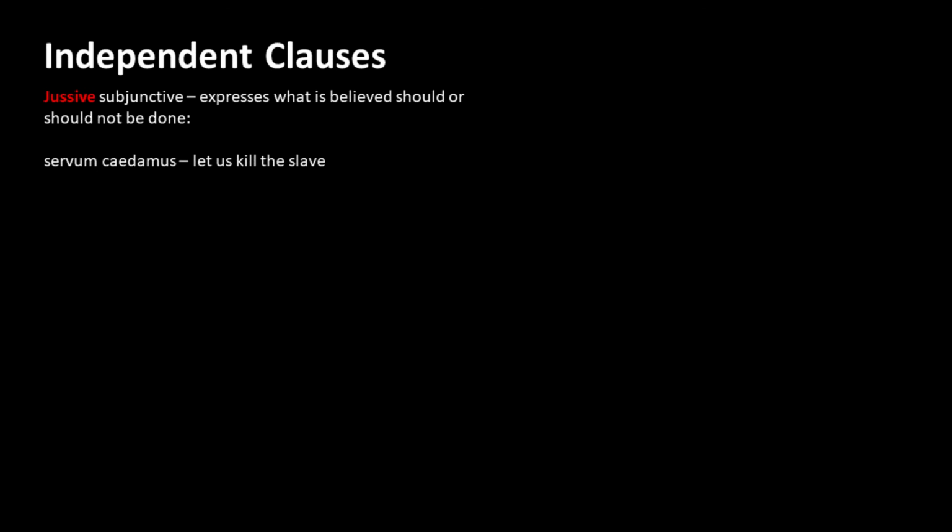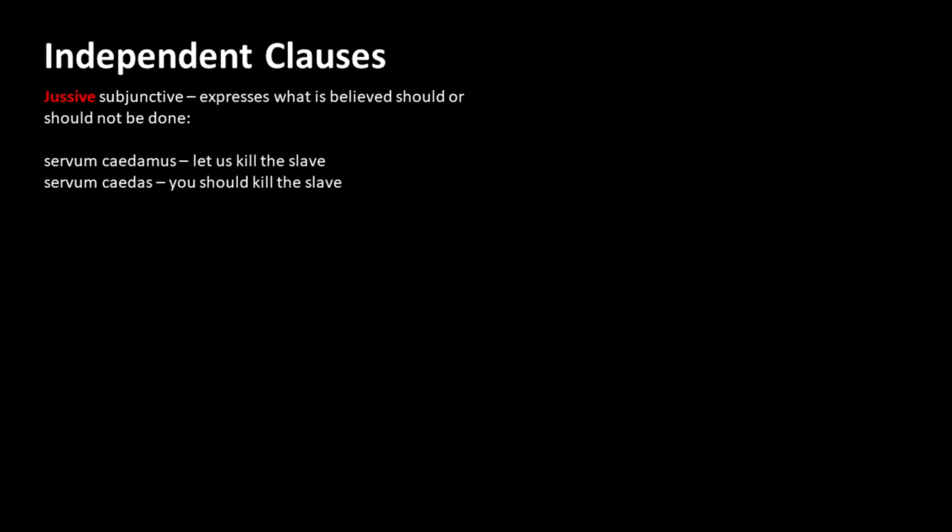If you want to say we are killing the slave, you would use I as your connecting vowel. Therefore, servum caedimus. We kill, or we are killing the slave. But this is the present subjunctive, caedamus. Remember from the first video in this series, where in the third conjugation, I turns to A as the connecting vowel. And so servum caedamus, caedamus being a present subjunctive, let us kill the slave.